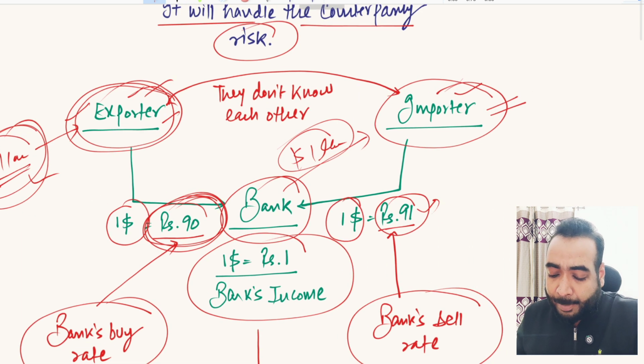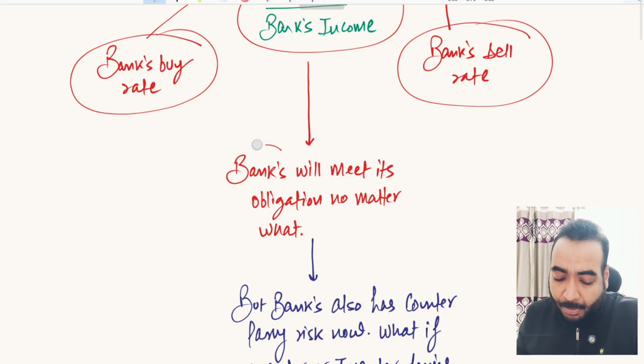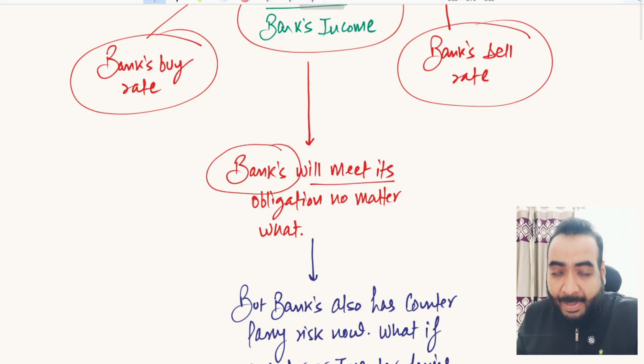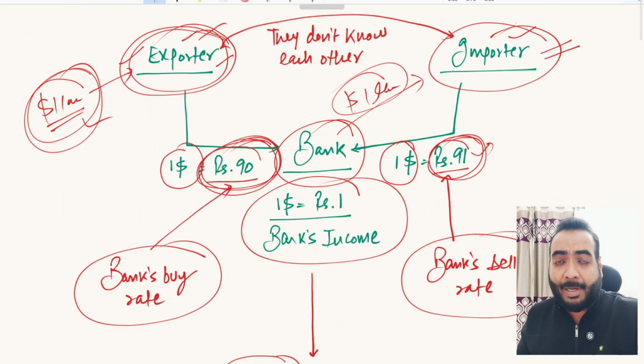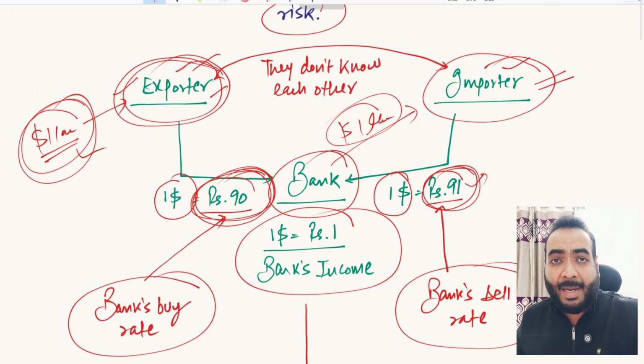In the importer's case, after 6 months he will need the dollars, and the bank will supply him $1 lakh at the rate of 91 rupees per dollar. The bank will meet its commitment, that is 100% assured, because the bank is a big organization, a corporate entity, regulated by the RBI. No matter what, the bank will meet its obligation. That is how a forward contract works, by involving a banker.